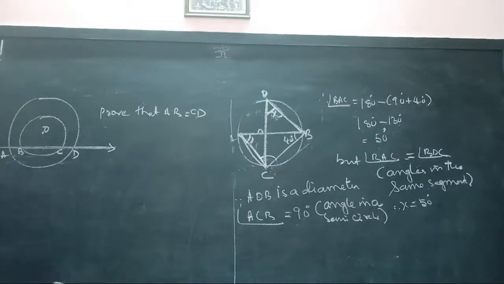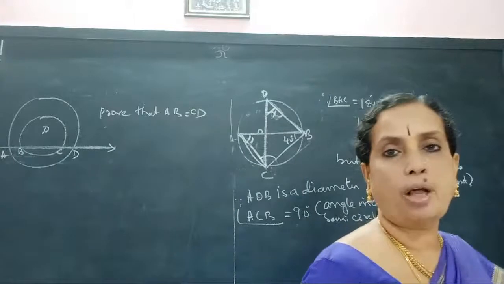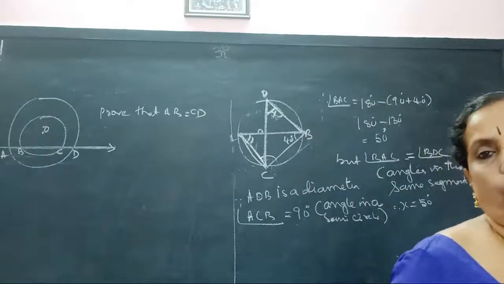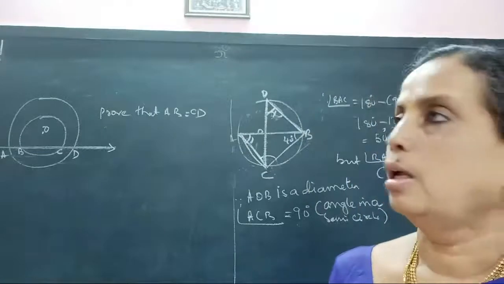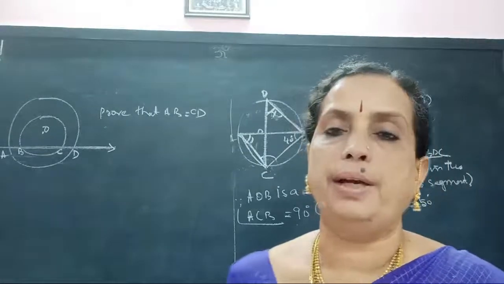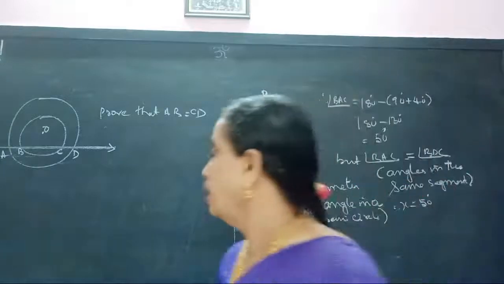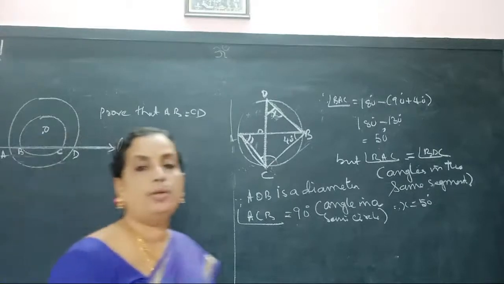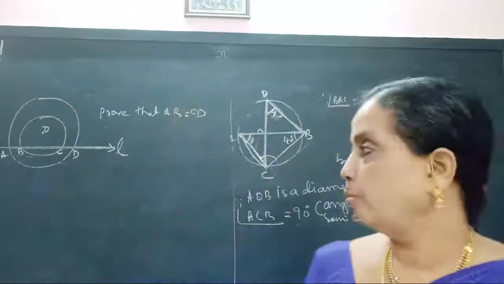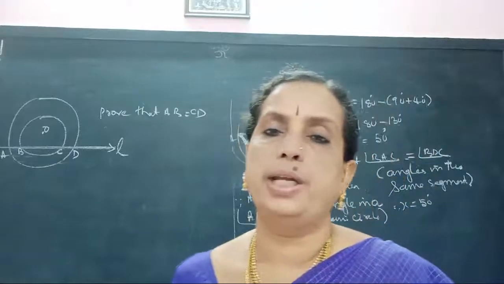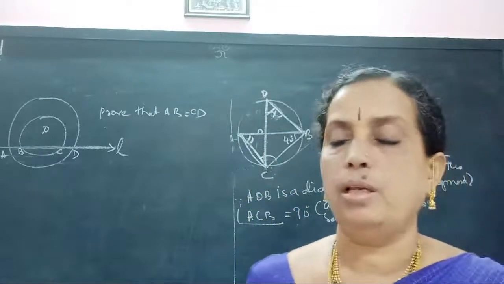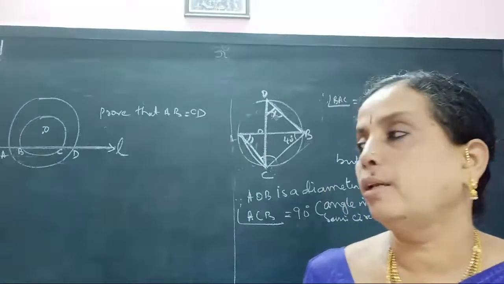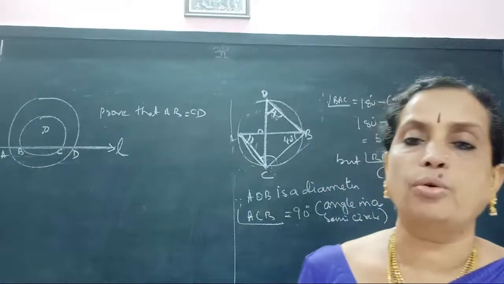Thinking that this question is not covered, I am taking this now. Here you have two concentric circles with the same center, different radii. There a line L is intersecting the circle in four distinct points A, B, C and D. We have to prove AB equals CD.